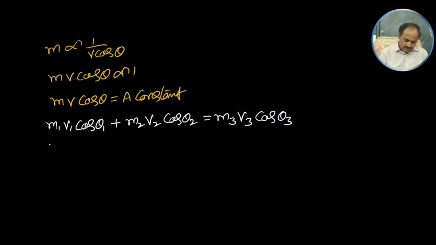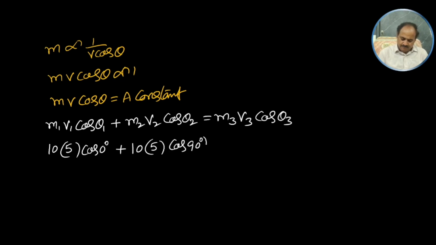Okay. Now m1 is 10 kg, v1 is 5, cos theta 1 is cos 0 degrees, plus m2 also 10, v2 5, cos theta 2 is cos 90 degrees, equal to m3 20 kg, v3 unknown value, cos theta 3 is cos 45 degrees. Simplified.